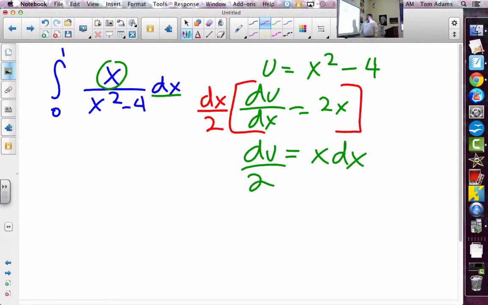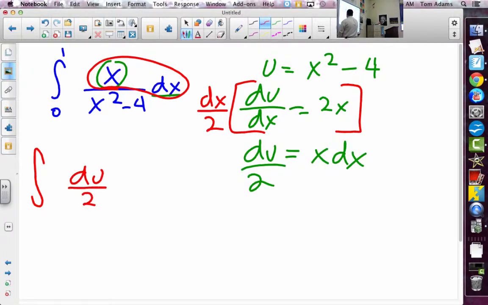And so what that allows me to do is substitute some stuff in. All of this here becomes du over 2, and then this right here, I've got a 1 on the top, and all of this right here becomes u.